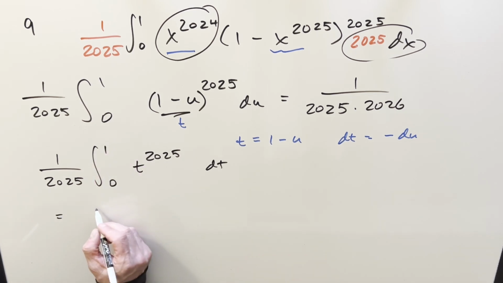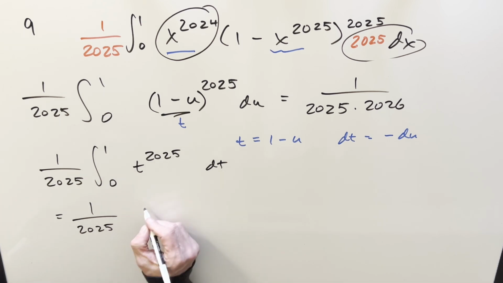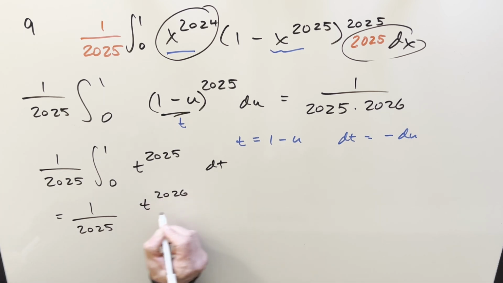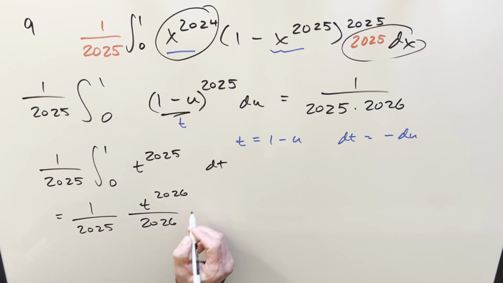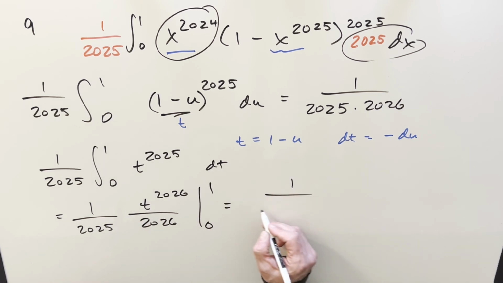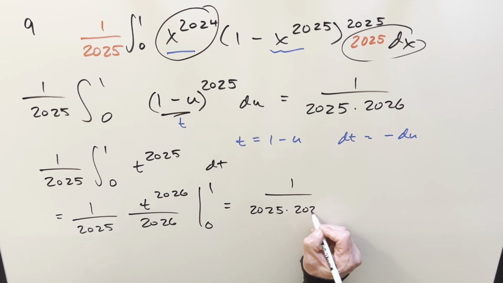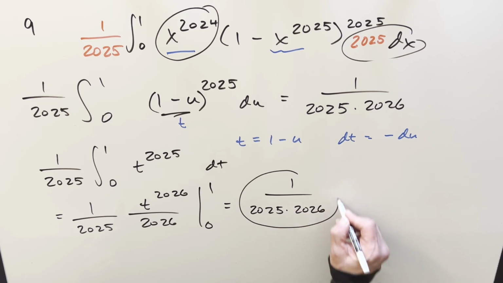Then go ahead and integrate it. We still have our 1 over 2025 in front. Power rule, we get t to the 2026 over 2026. Plug stuff in. The 0 is going to be nothing. You plug in 1 for our final solution. We get 1 over 2025 times 2026, and that's it.